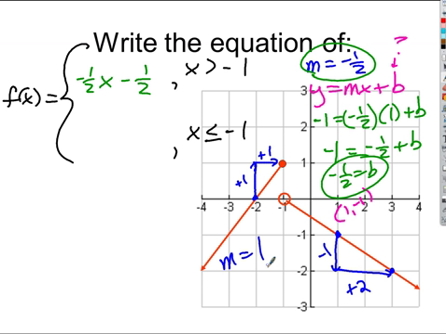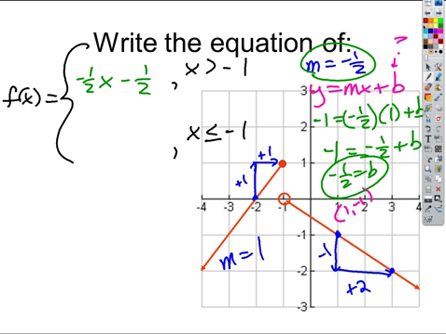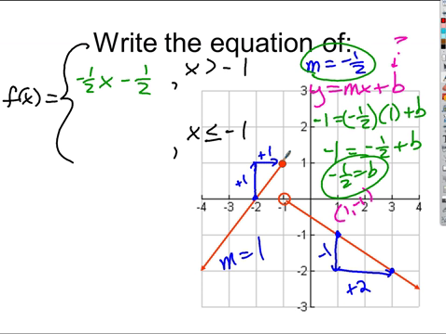Now we could do the same process, but we could even take a little shortcut here. We could look at the trend of this line. If the slope is 1, then to get to the y-axis, I'm just going to continue that trend. I'm going to rise by 1 and run by 1. And that's where it would go through the y-axis, isn't it?